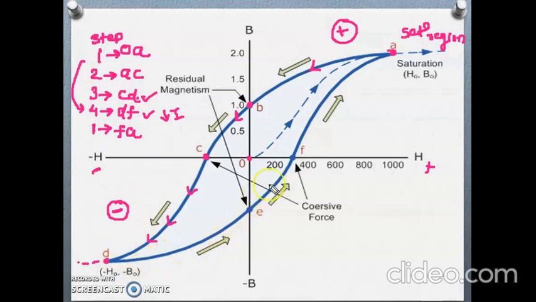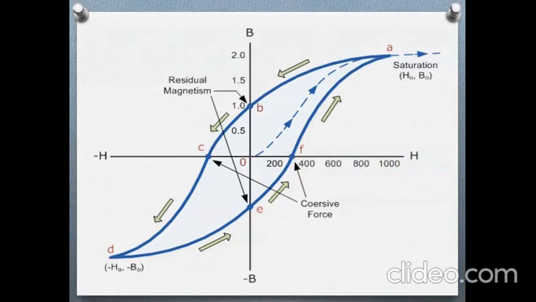So decreasing current, we get this curve from D to F. Again, we want to come back to the initial position A, so the first step is repeated: increase the current in the positive direction, and we again reach the same point A. In this way the loop is plotted for one complete cycle of positive and negative direction, that means magnetization and demagnetization. In this way the hysteresis loop is plotted.